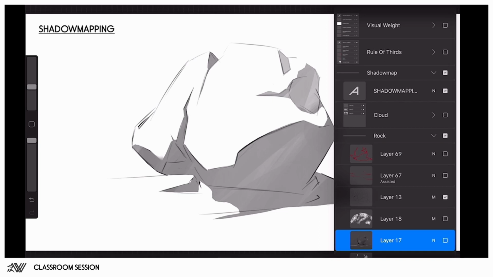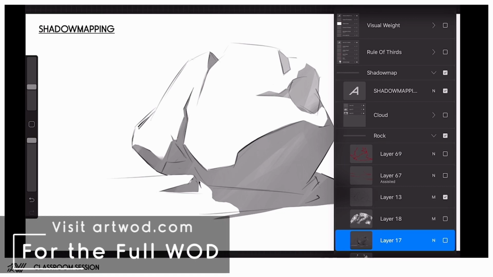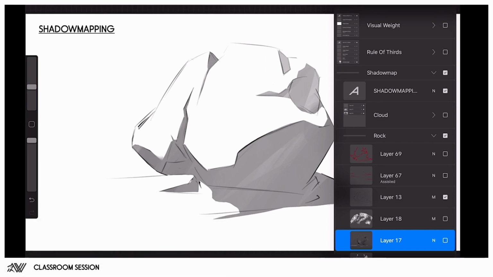And then as soon as I establish my shadow map, and if you have a hard time understanding what a shadow map is, please check out the shading tutorials on the website, as well as the charcoal portrait tutorial that I have in the exclusive tutorial sections, because I talk a lot more in depth about shadow mapping there.